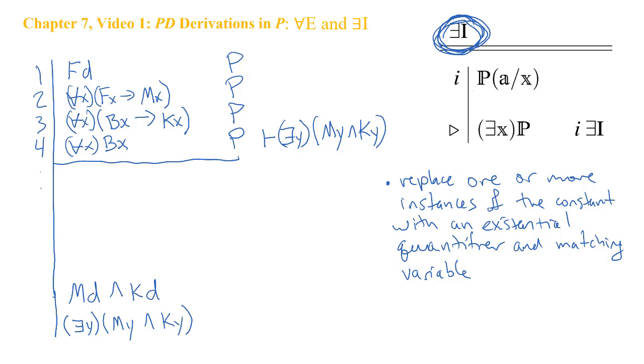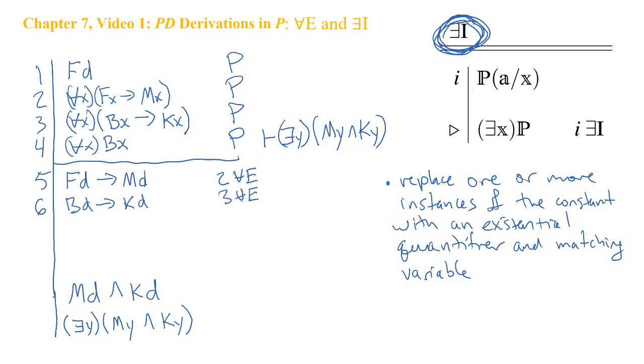So from line 2, I can remove the universal x and replace the instances of x with d. That gives me Fd arrow Md. So that is 2 universal elimination. I can do something similar to line 3 and get Bd arrow Kd.